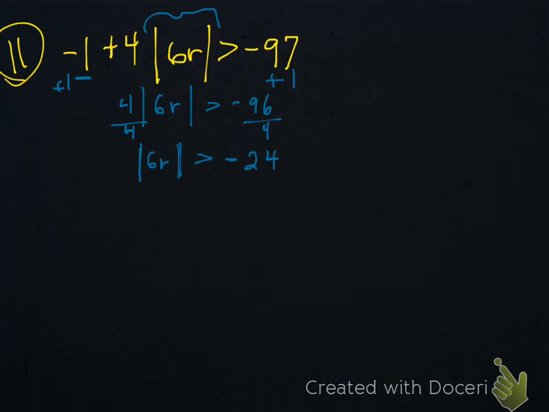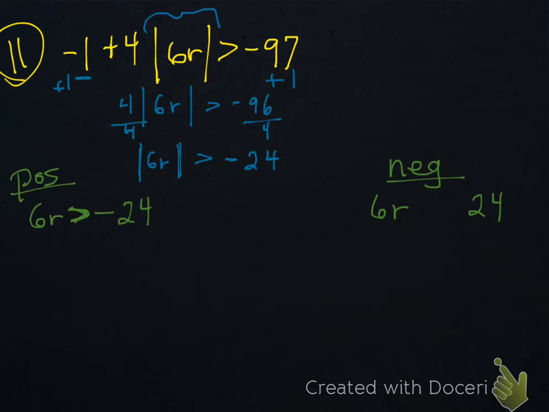Alright, so now we are ready, because our absolute value is by itself. We can do our positive case and our negative case. Positive case, write it exactly how you see it. No surprises. Negative case, that's where we get our surprises. What's going on with the negative case?